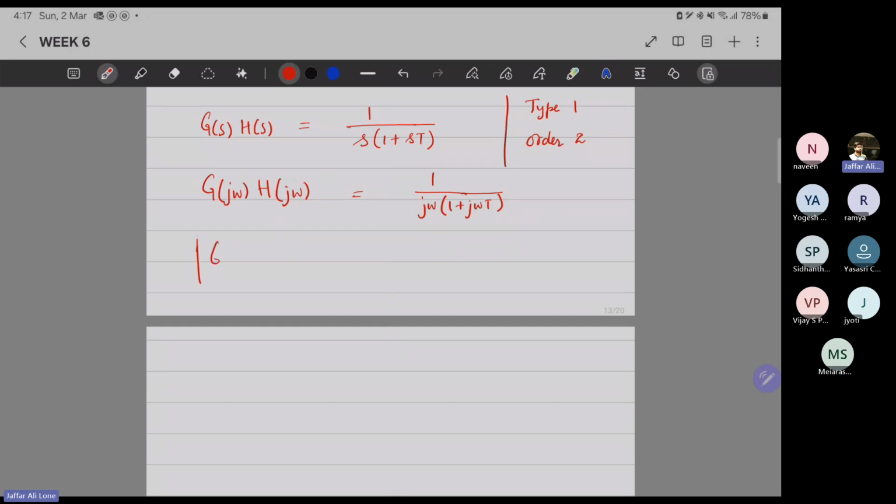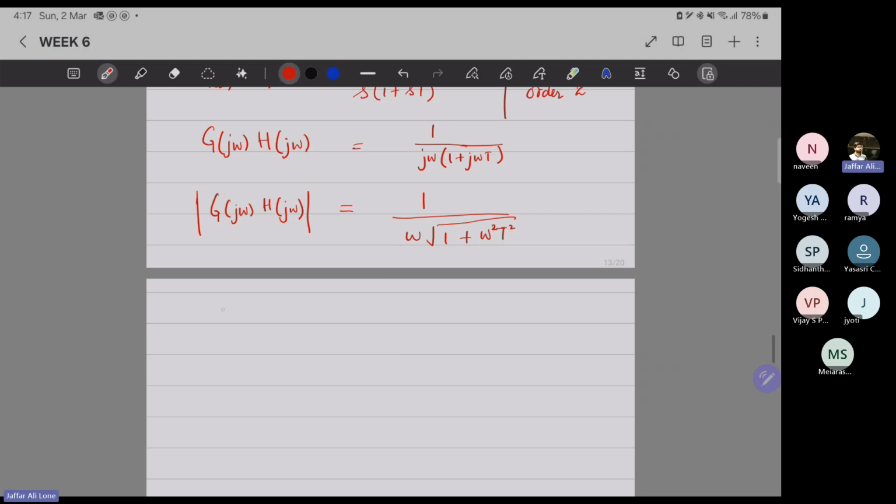Magnitude of gj omega, hj omega, which is equal to 1 over omega root of 1 plus omega square t square. Similarly, what will be angle of gj omega? Minus 90 minus tan inverse of omega t. Is it clear?